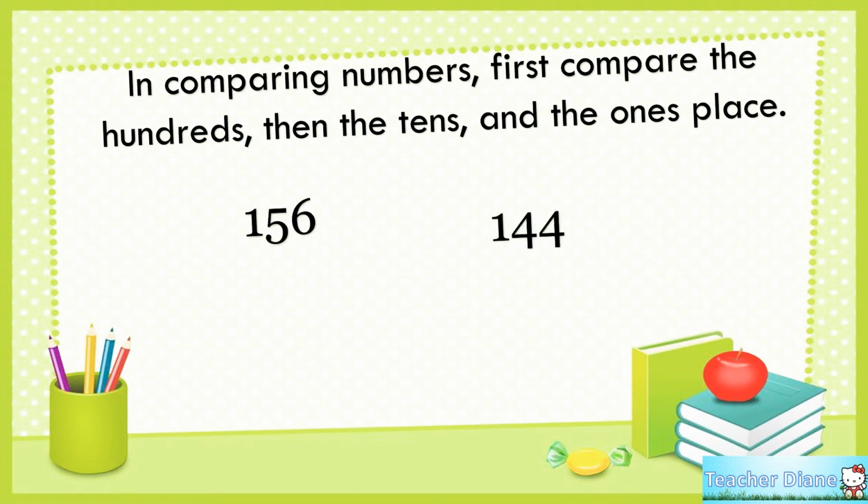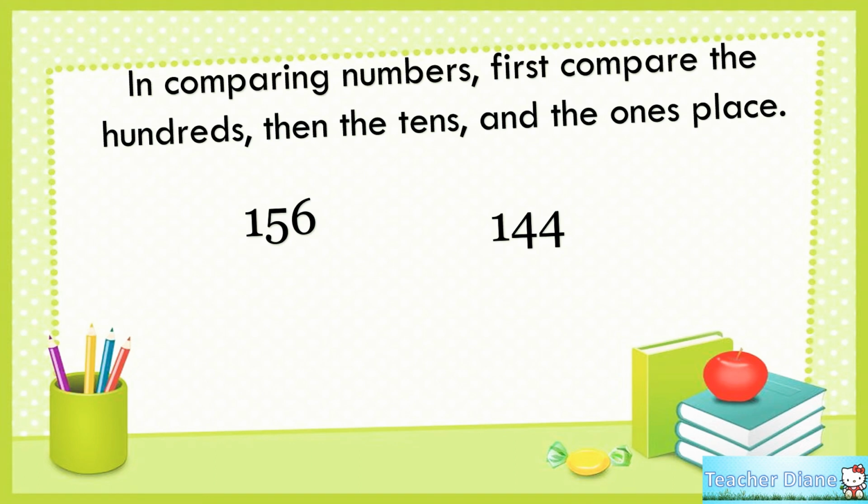Let's go back to our examples. We have here again the numbers 156 and 144. Let's take a look at the underlined digit. Do the digits have the same value? Right, they are both 1.